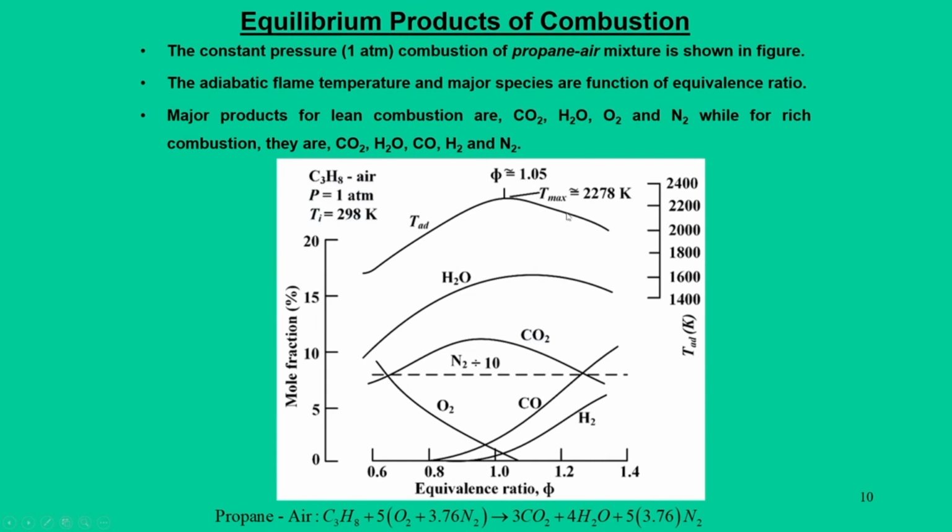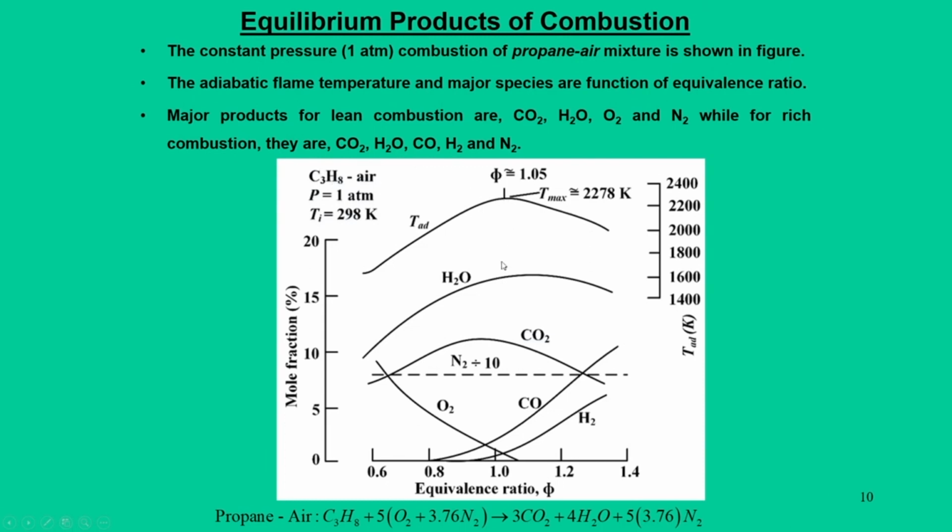After this, the adiabatic or maximum flame temperature drops, and the maximum temperature is observed not exactly at phi equal to 1, rather at phi equal to 1.05, and this typical number is 2278 Kelvin. So, this is the benchmark, the maximum temperature that you can achieve through the propane air combustion process.